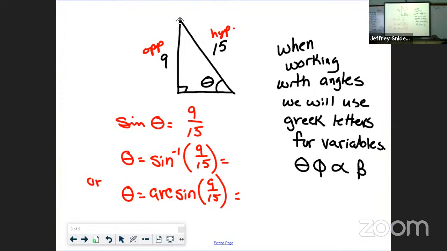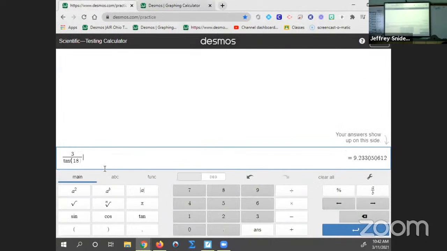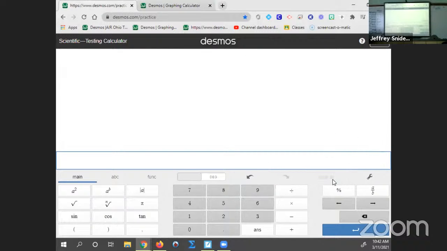If you're using a regular calculator, you're going to see behind sine on the faceplate, it's going to say most likely sine to the -1, inverse sine, which means you probably have to hit either shift or second or something to make that work. We're going to do it both ways. So if I want to do it on here, let's clear all this off.